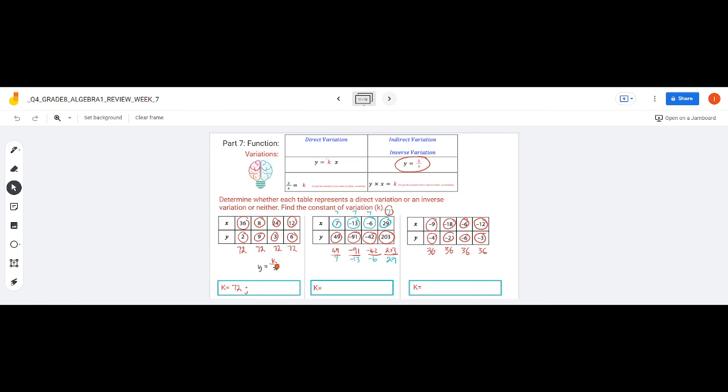So y equals, what's my k? My k is 72 all over x. Right, great. So this will be an example of indirect.